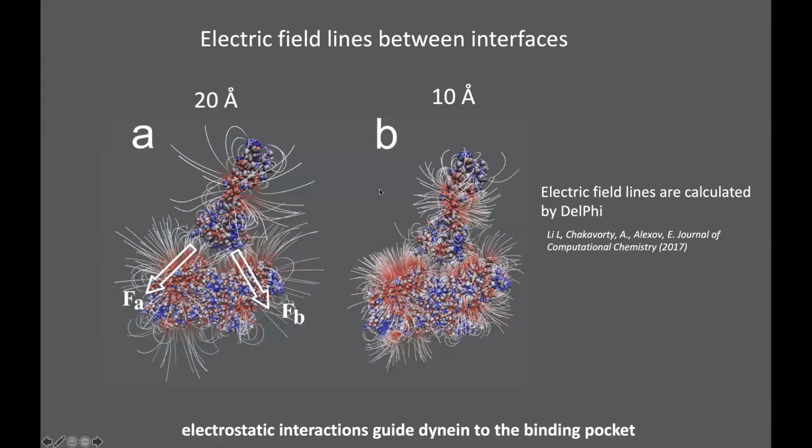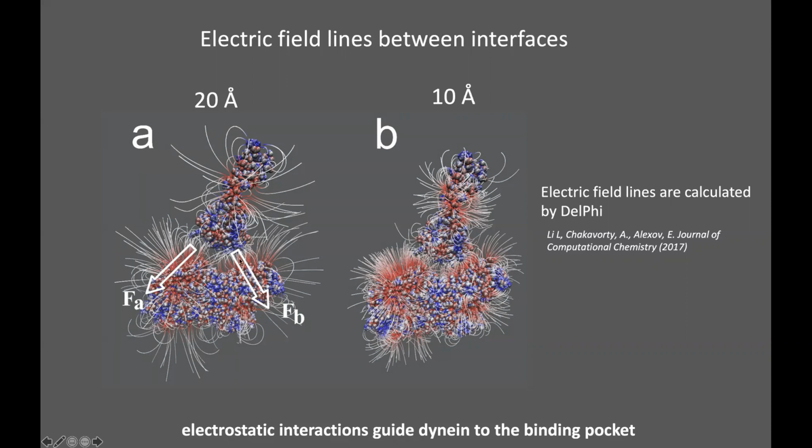The second finding: if you use DelPhi to calculate the potential and use VMD to show the field lines, what you can see here is if you separate them by 20 angstroms, you will see two clusters of field lines. One cluster is between alpha tubulin and dynein. The other cluster is between beta tubulin and dynein.